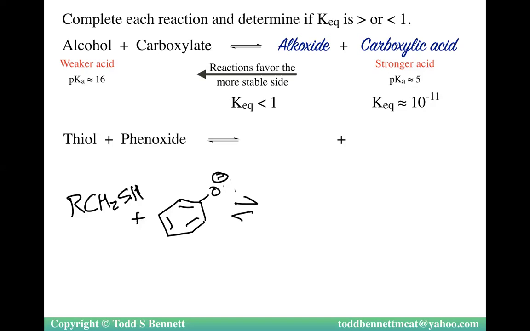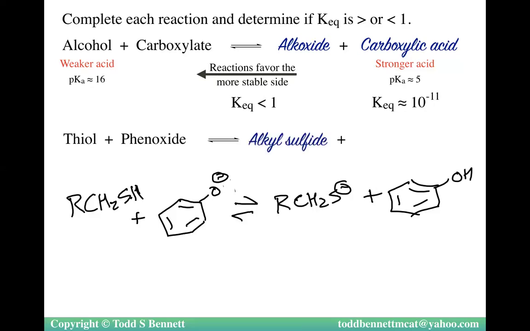That will go then to one becoming H, one losing an H. So my products will be RCH2S minus plus my phenol. So my product will be an alkyl sulfide and a phenol.